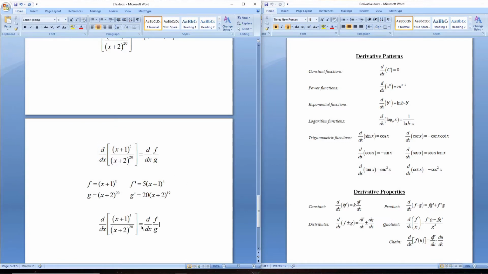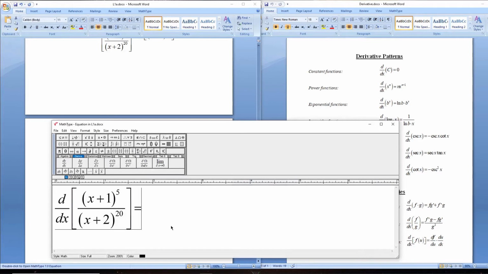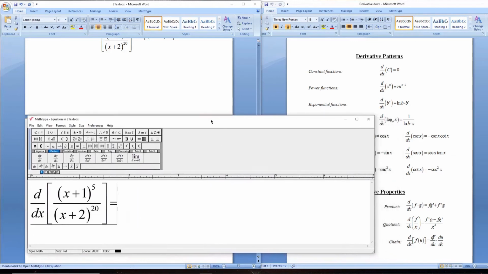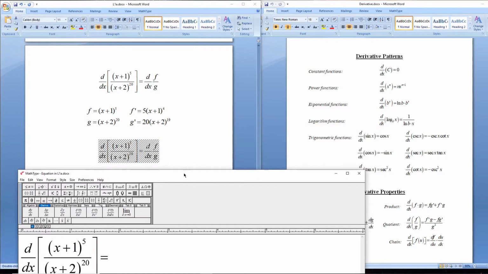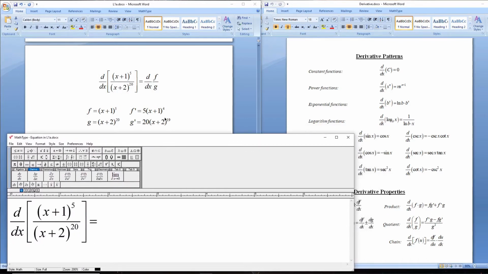So finally, we'll have for this derivative, let's see if I can squeeze all this in. So we've got our functions here, our quotient rule over here.